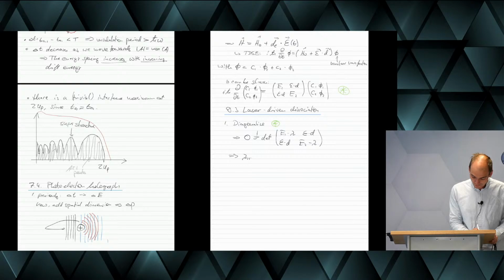is lambda 1,2 equals (E1 plus E2) over 2, plus minus, that's now a minus, E1 minus E2, half squared plus E times d squared.